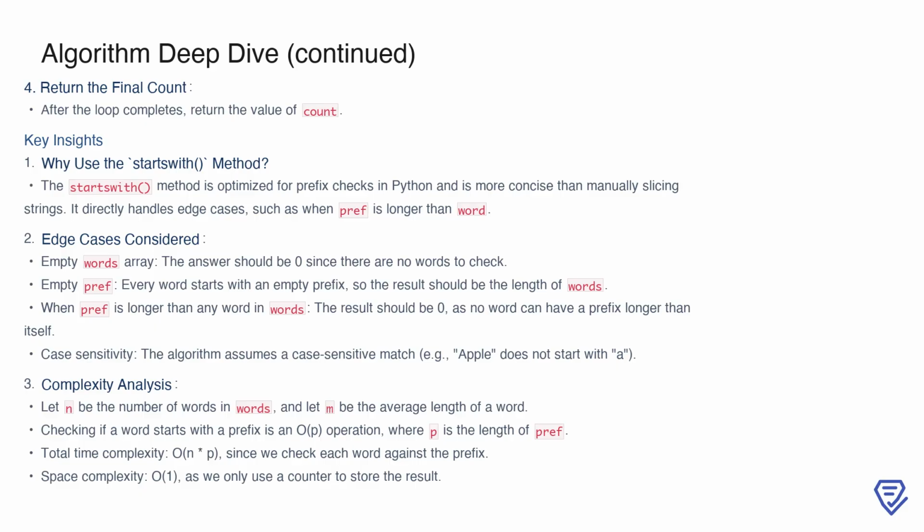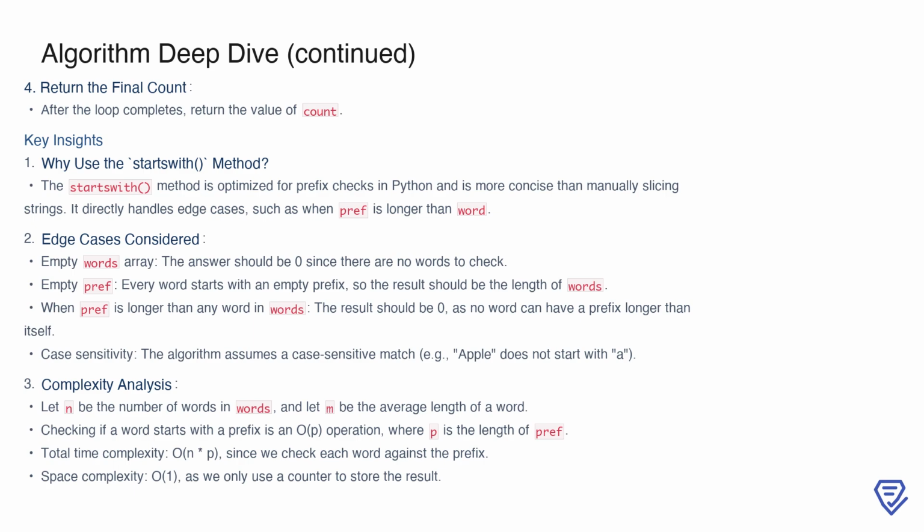Using the startswith method is particularly advantageous because it is optimized for prefix checks in Python, making the code more concise and reliable. It also handles edge cases, such as when the prefix is longer than the word, without requiring additional checks. Speaking of edge cases, there are a few important ones to consider. If the words array is empty, the result is 0 since there are no words to check.